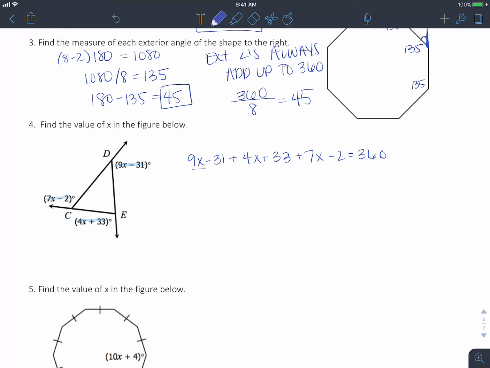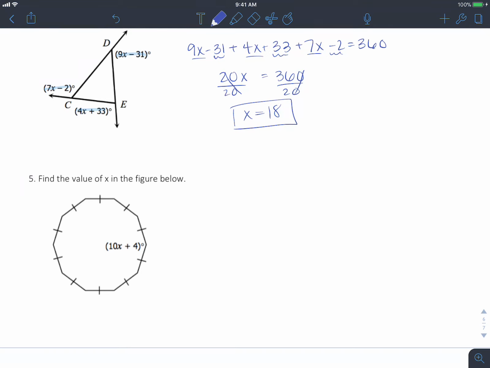If we combine our like terms, 9 plus 4 plus 7 is going to give us 20x. Negative 31 plus 33 minus 2, it's actually 0. So 20x equals 360. So divide everything through by 20, and x is going to give us 18.